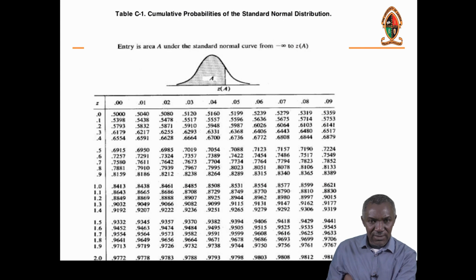So 0.674 is about here. If you follow where 0.6 is on the z-score, you get where 0.6 is, follow that row, and come to where it meets 0.07, which gives 0.67.